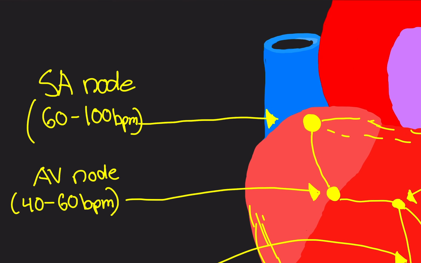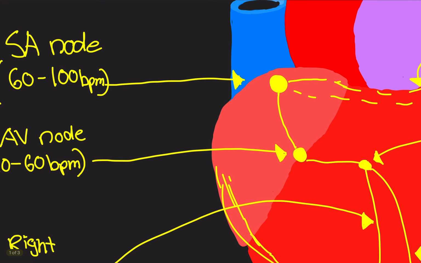So the SA node generates an electrical signal, right? Boosh, electrical signal. The electrical signal, electricity, it's literally electricity, travels down and hits this AV node, which is another pacemaker cell. So it hits the AV node, which is located in the bottom part of the right atrium.